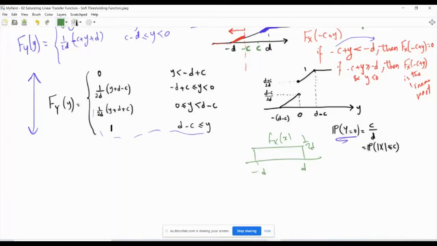The probability that it is from minus c to c is basically this area. So this area will be 2c over 2d, which is c over d, and this will give you the value of the jump at 0. Again, our resulting random variable is mixed, and basically this is its CDF.